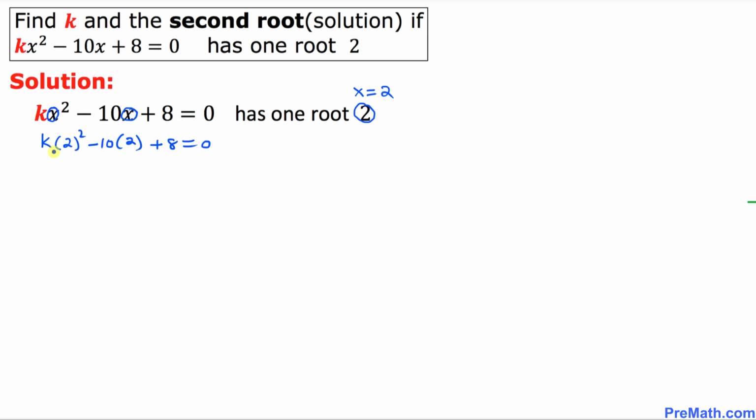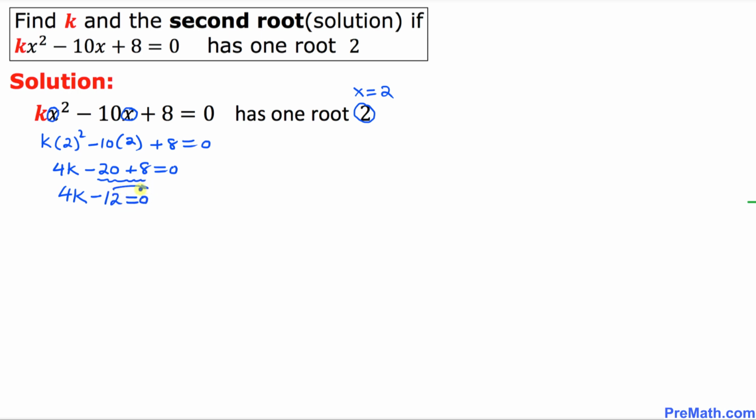So that is going to give us k, this 2 squared is 4, so this becomes 4k minus 20 and then plus 8 equal to 0. So that means 4k minus, if we combine these constants, that's going to give us negative 12 equal to 0.